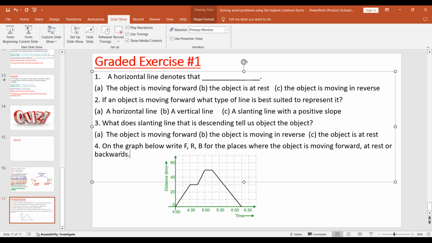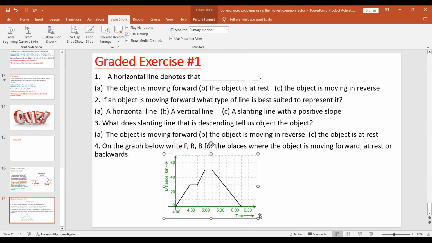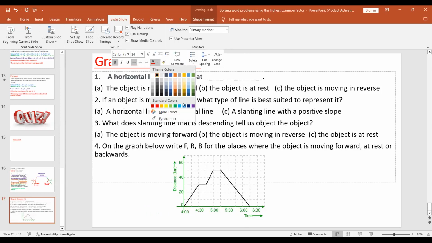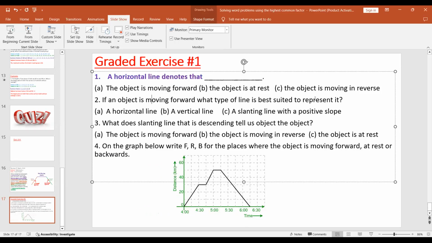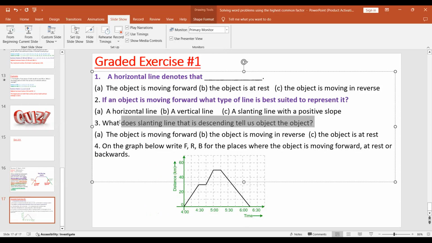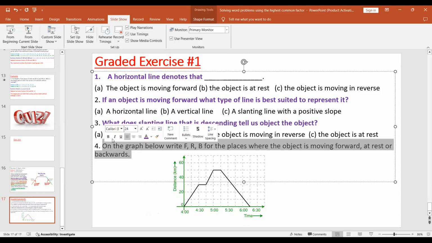Okay, so for number 4, please pay close attention because you have to actually write on the graph. You're gonna write F wherever you think the object is moving forward, B wherever you see the object is moving backwards, and R wherever the object is at rest.